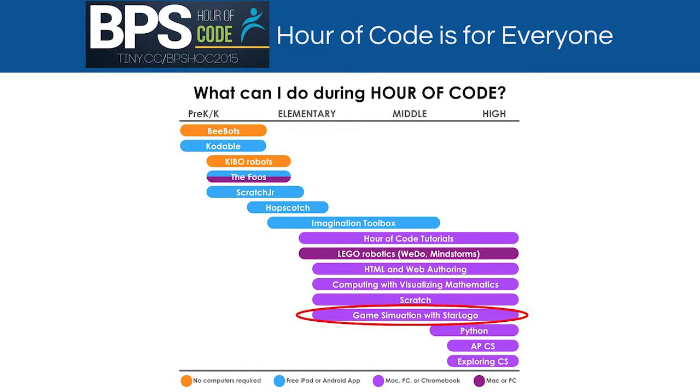The graphic that you're seeing right now is a quick snapshot of how computer science is being implemented in BPS at different grade levels. What you're seeing right now is a pre-K, K, elementary, middle, and high school distribution of different courses, programs and initiatives that are being implemented in BPS. Today, as the graphic shows, we are focusing on the game simulation with StarLogo project.